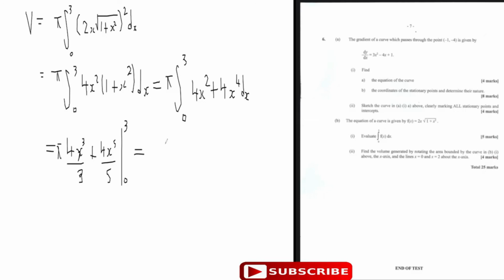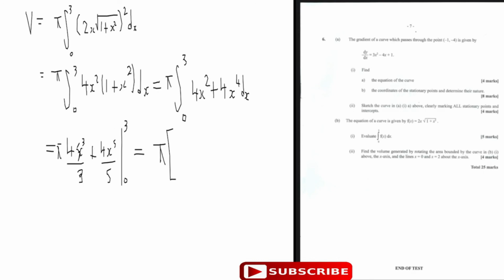We don't need to plug in 0. Just check to make sure we squared it properly: 2x squared, 2 squared is 4, x squared is x squared, and the square root cancels the square to get 1 plus x squared. When we expand this, we get 4x squared plus 4x to the 4, so we're fine. Add 1 to the power, divide by the power, so we're good.